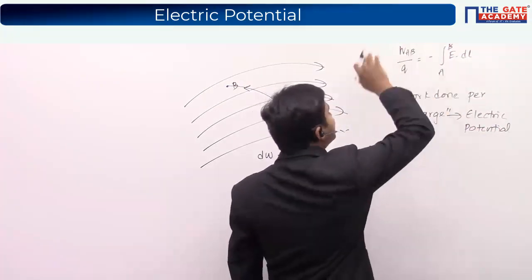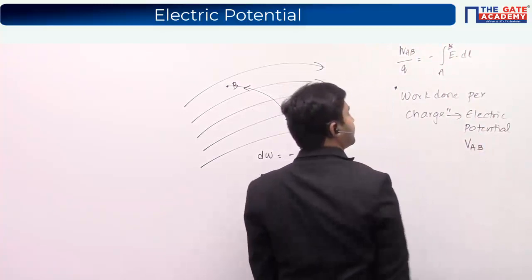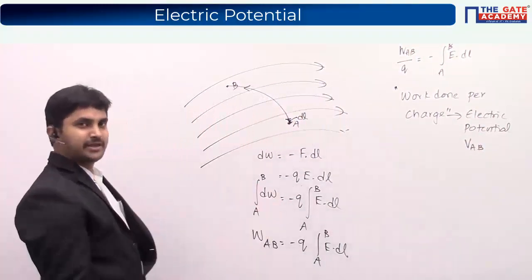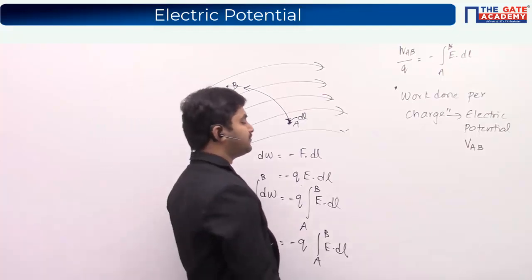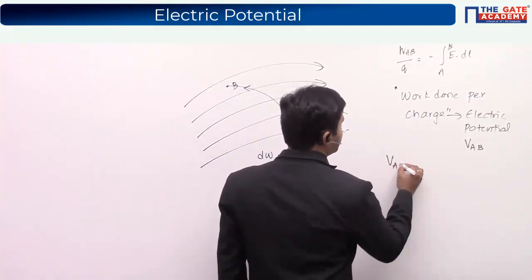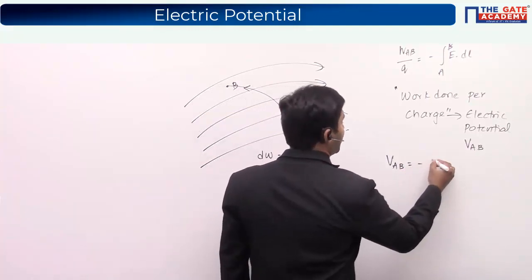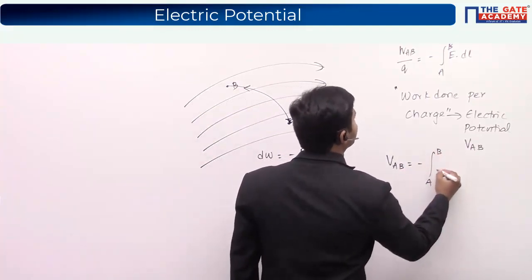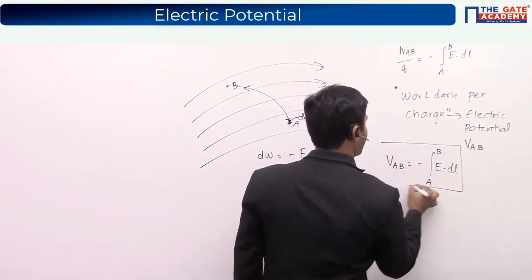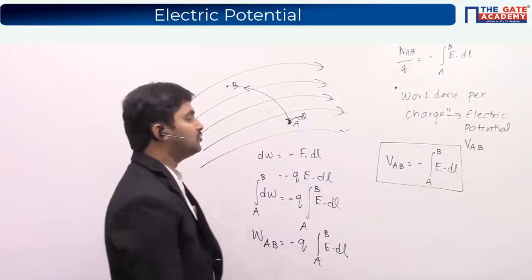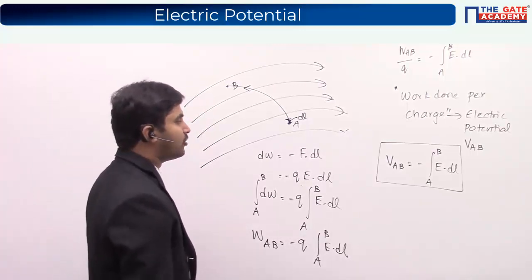But here specifically we are taking a case where we are moving from A to B. So we say that V_AB is equal to minus integral A to B E dot dl.